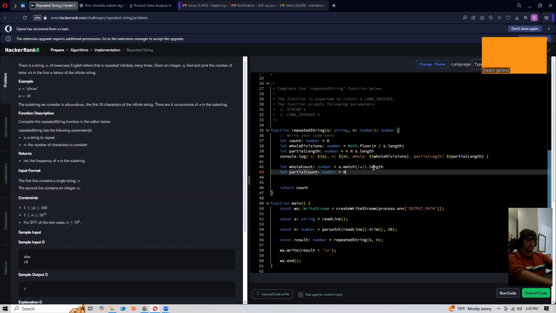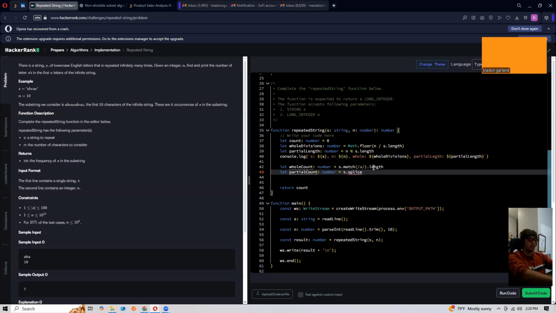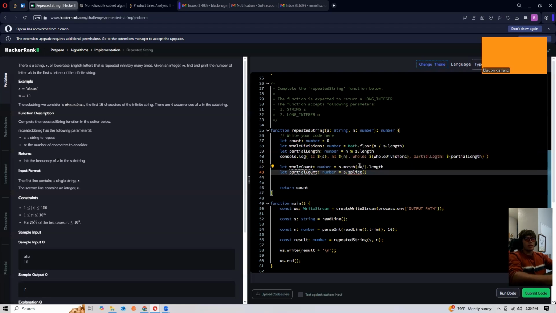So for the partial count, I'm probably going to go with string.slice, and this is kind of an expensive operation, and I wouldn't advise it if you were really getting serious about this. That is because resizing and rebuilding arrays is somewhat costly, and that's kind of what we're doing here.